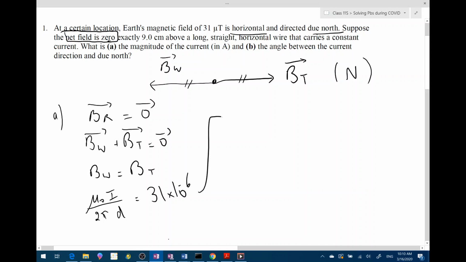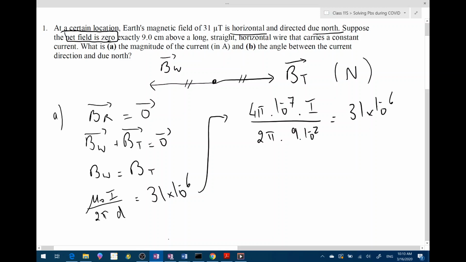So now mu 0 is given as 4 pi times 10 to the minus 7, the permeability of vacuum or air in this case. 2 pi, the distance is 9 centimeters, equals 31 microtesla. So you'd end up having I equal to whatever amperes.